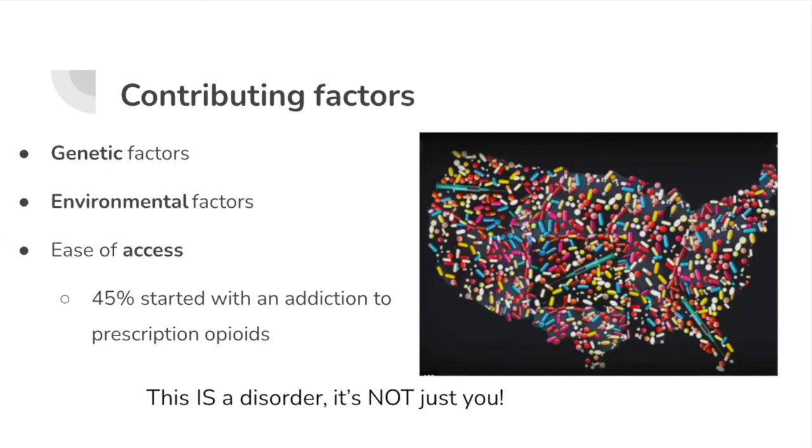People misusing opioids may try to switch from prescription painkillers to heroin when it is more easily accessible to them. About 45% of people who use heroin started with an addiction to prescription opioids, according to the American Medical Association. So all of this to say that this is a disorder, this is a problem, and it is not just you.